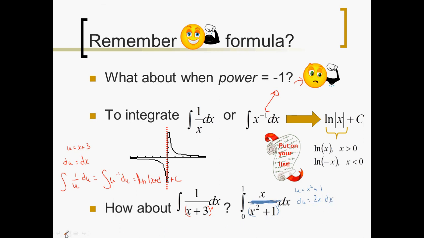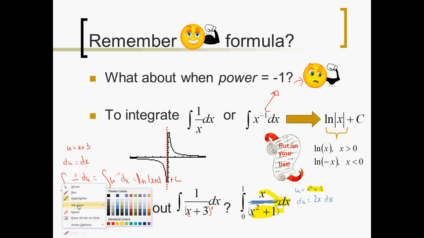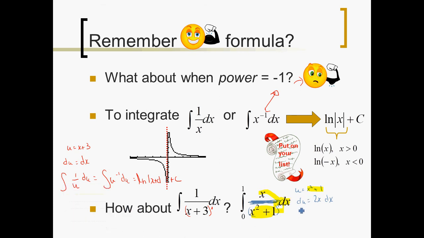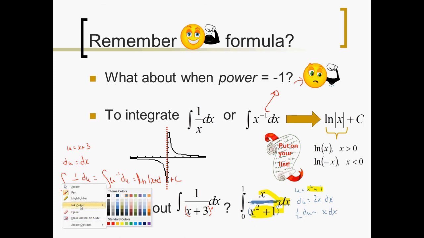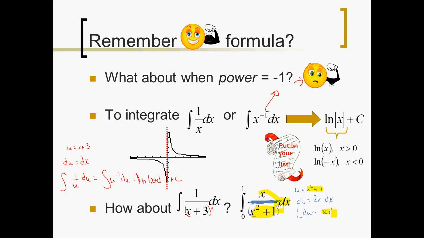When I try to substitute, my u is right there to the first, which is what I will anti-differentiate. Then I have x dx, and I look at my du and I realize I've got too much going on there. So I will move the 2 over, and I'll say 1/2 du is equal to x dx, so there's my x dx.